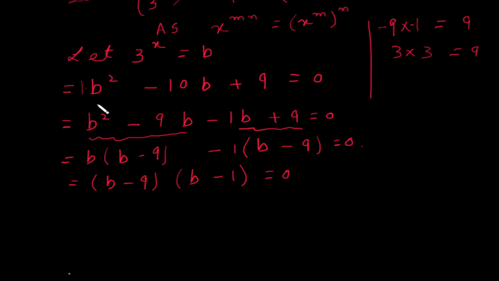Now for the second factor, b minus 1 is equal to 0, which implies b is equal to 1, taking 1 to the other side, its sign is reversed. Now we know b's original value is 3^x, so 3^x is equal to 1.